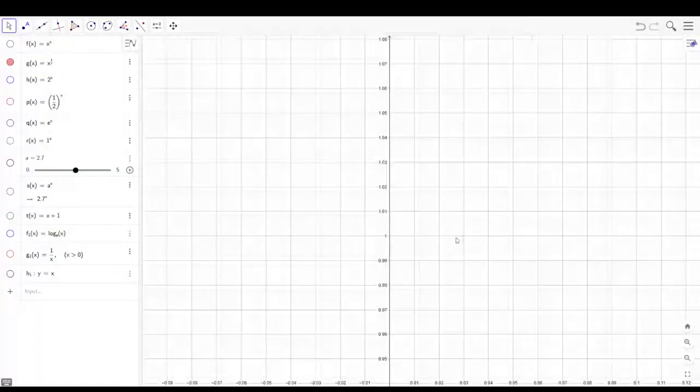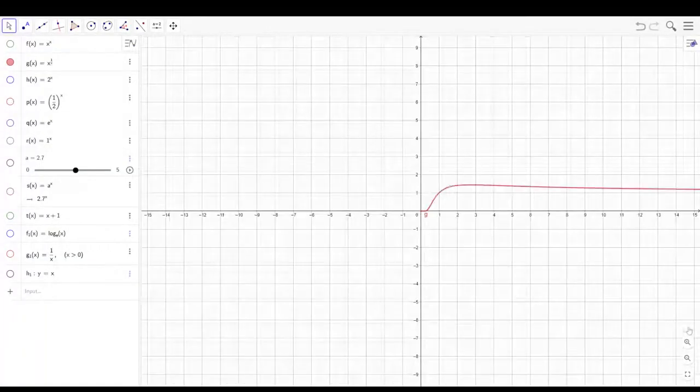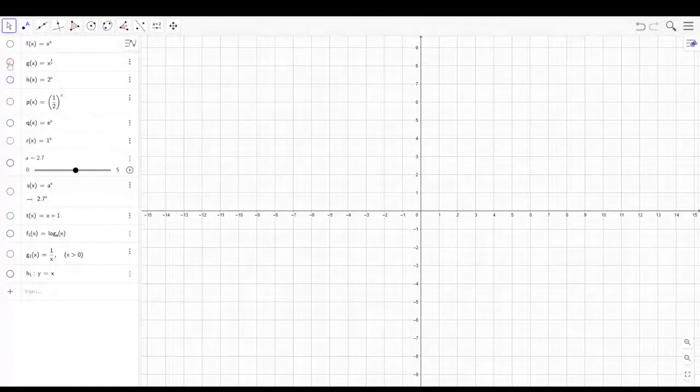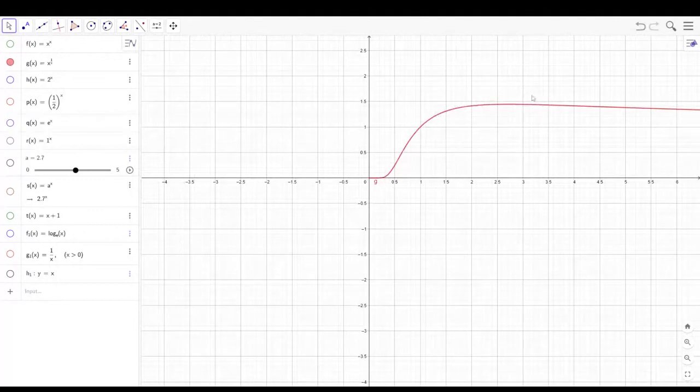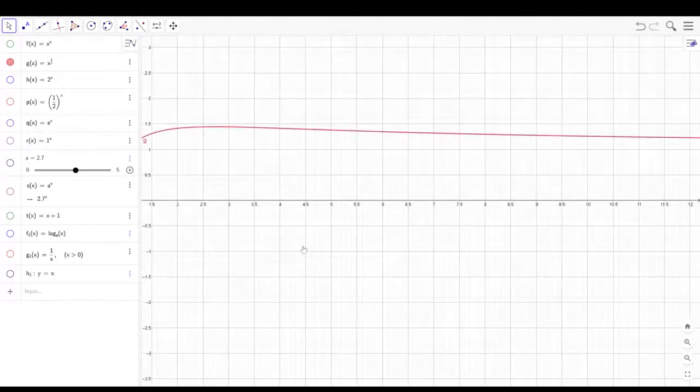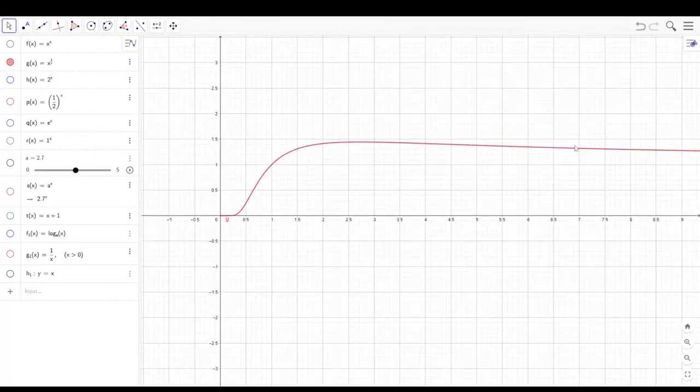So here is the graph of x to the 1 on x. Now you can see it sort of starts off very small and then goes up, but then it starts coming down. Oh my goodness. And it comes down kind of, I guess kind of slowly.